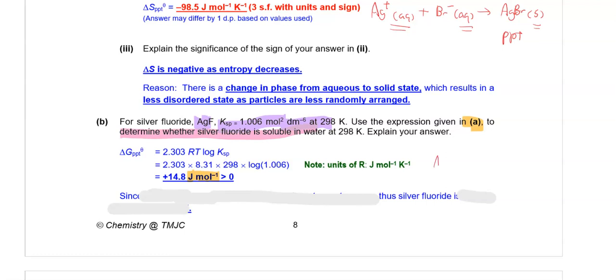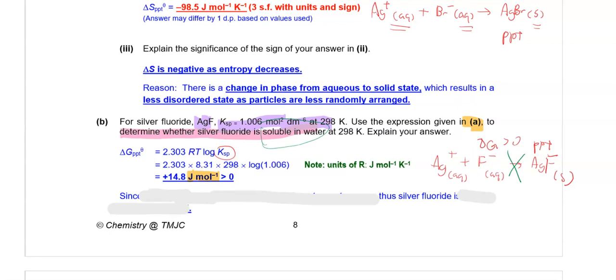Because we're looking at KSP, we're looking at the formation of the silver fluoride precipitate, AgF solid. With that, the delta G as shown here is more than 0, which means the forward reaction is not spontaneous. So how then do we show whether it's soluble in water or not?